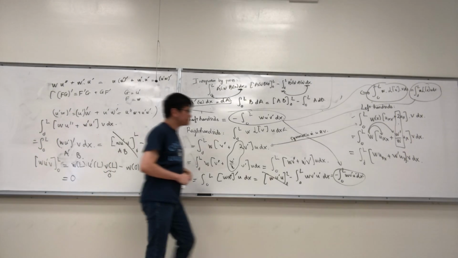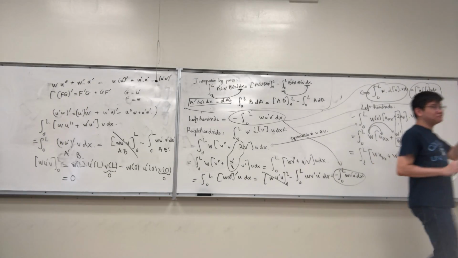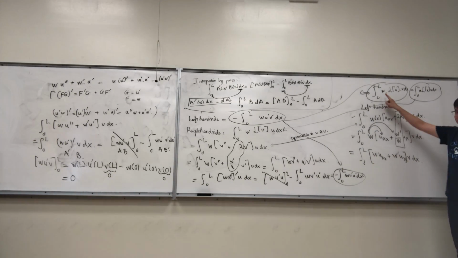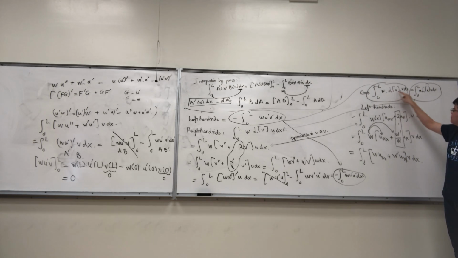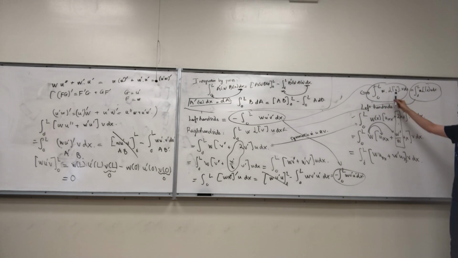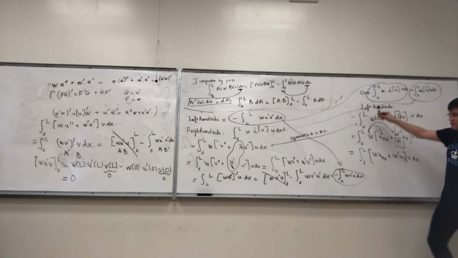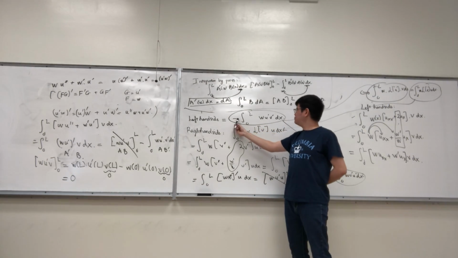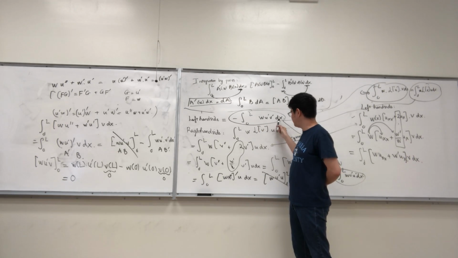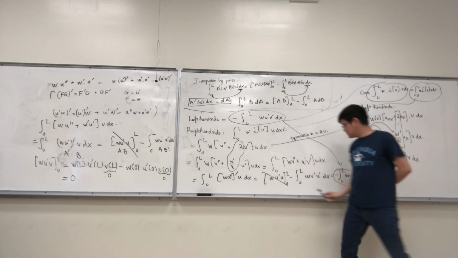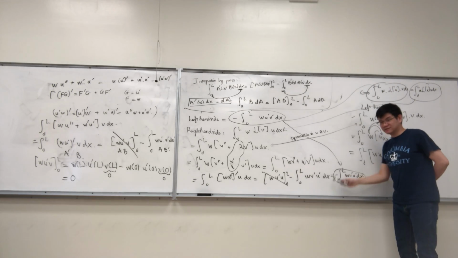So I explain again. I've shown you that if you multiply this W to L U and V, then you have W L U V is the same as W L V U. Why? Because on the left hand side, you can prove that it is integral from 0 to L, W U prime V prime dx, and you can prove that the right hand side is also exactly the same quantity.